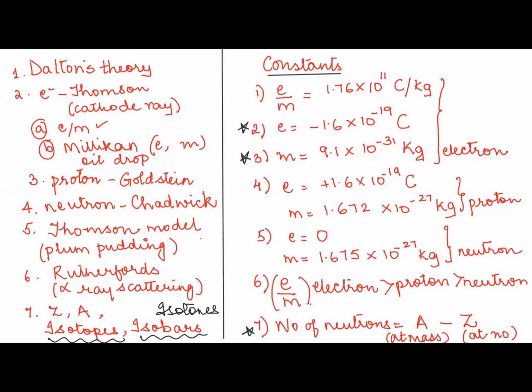There are also isoelectronic ions, which is an important concept for NEET. You will also be seeing this term isoelectronic in the next chapter. It means same number of electrons. So these are a few concepts that we studied and a few constants and formulas. We have many such slides, children. So one by one, we will go through this.